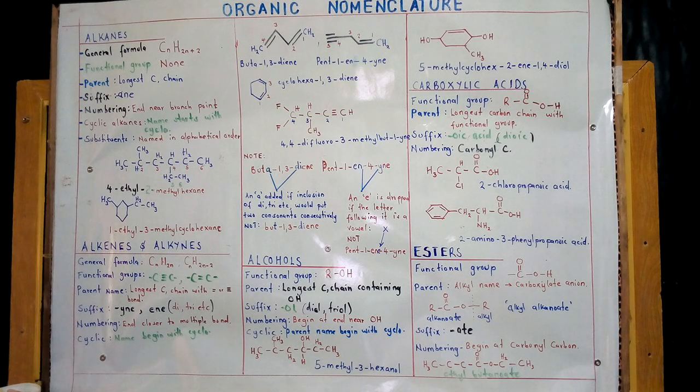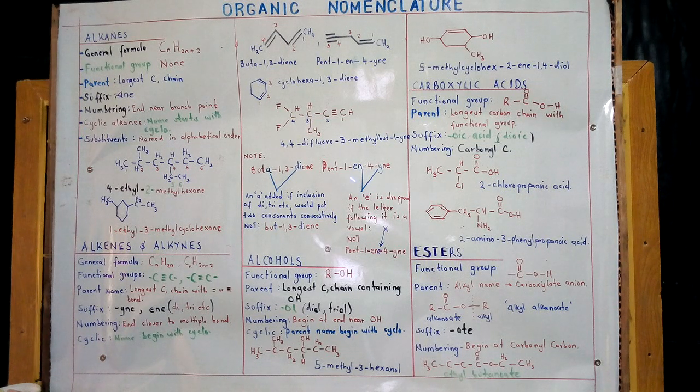As we have said, for the numbering of the first and the second compounds, the ones I've written in blue, the condition is to include that particular letter A and B, as we said, that an A is added with the inclusion of di, tri. Those are the prefixes that denote multiplication, maybe the appearance of double bonds, 1 or 2, in order to ensure that the consonants do not follow one another consecutively.